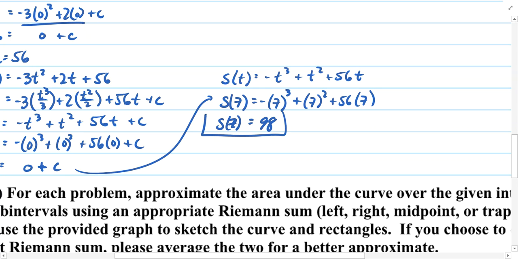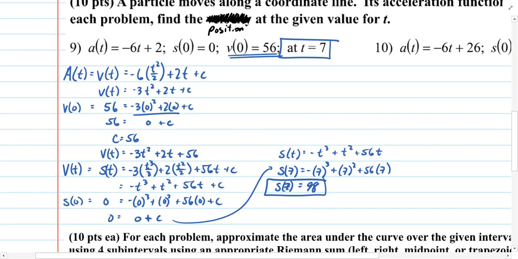So at the very beginning of this problem, we only knew how fast the particle was accelerating based on this function. We could determine its acceleration based on any time value, but that's the only information we had, along with the initial position and initial velocity. And as it turns out, we were able to compute a position function, so we could locate the position of this particle or where it exists at any given time.